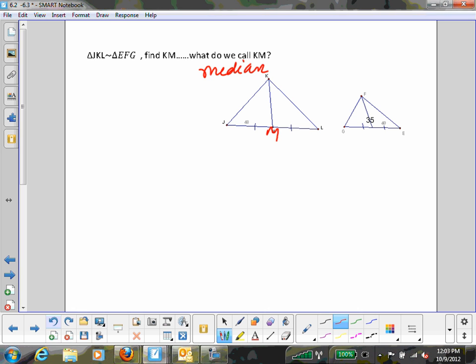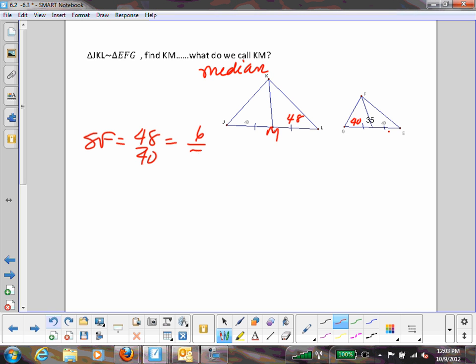Just change that M. All right. So we need the scale factor. What's the scale factor? 48 over 40. If this is 48, then this is 48. If this side is 40, then this side is 40. And so this reduces down to what? 6 over 5.